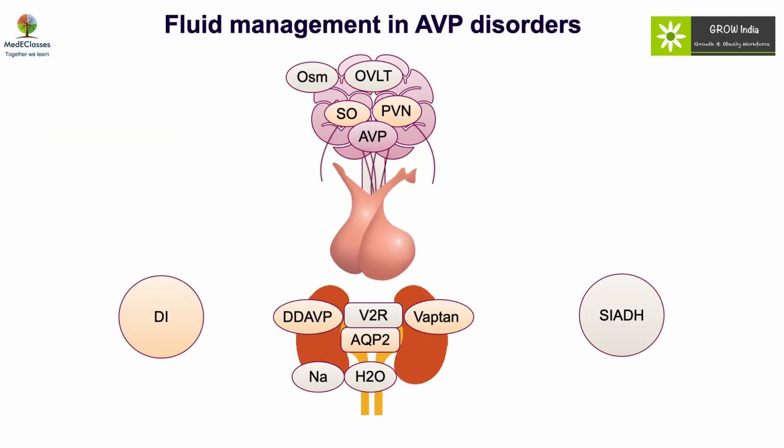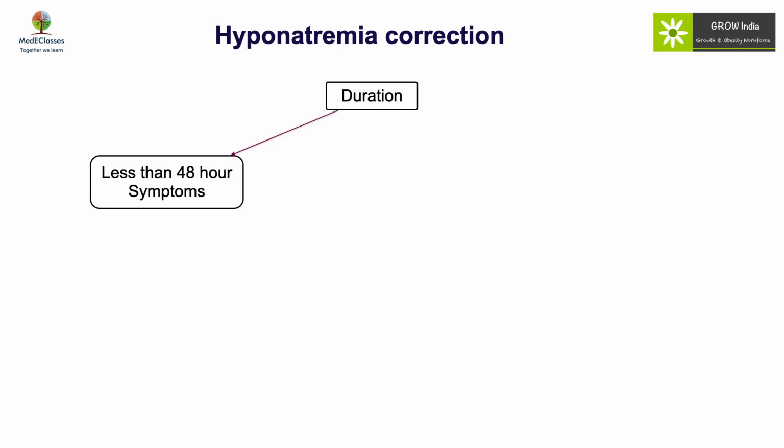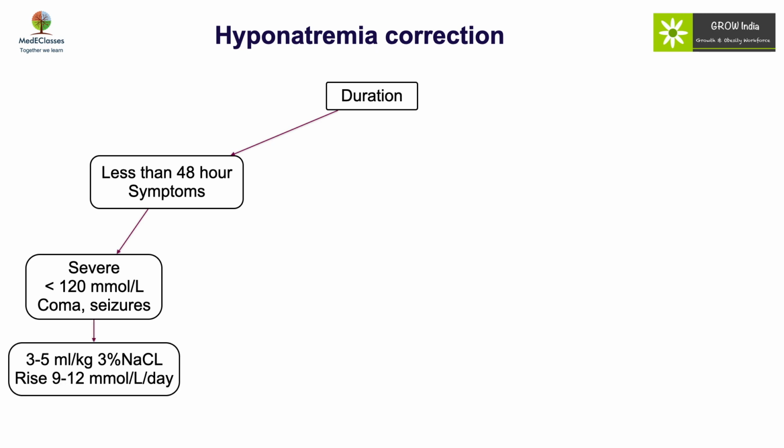Now, fluid management in SIADH is of course challenging, and most of these situations will present to us with hyponatremia. As we know, the treatment of hyponatremia is guided by the duration as well as intensity. Onset in the first 48 hours with severe symptoms like coma and seizures would definitely require 3 to 5 ml per kg of 3% sodium chloride, followed by a rise of around 9 to 12 millimoles per liter per day.